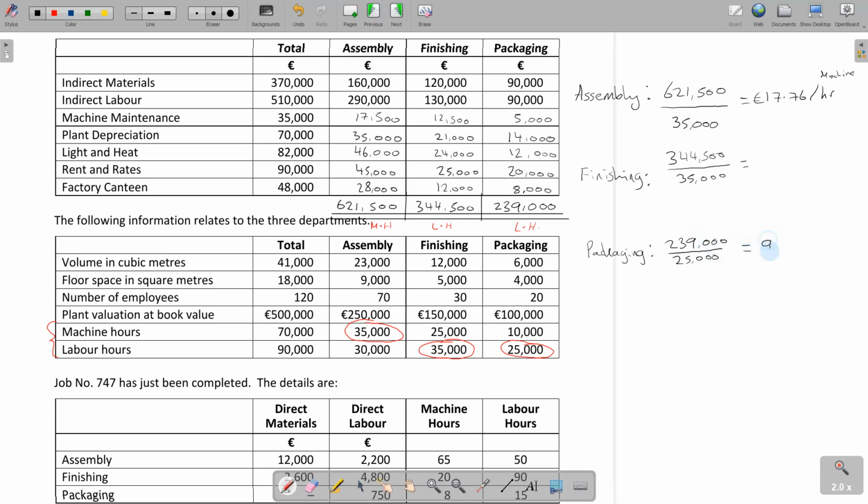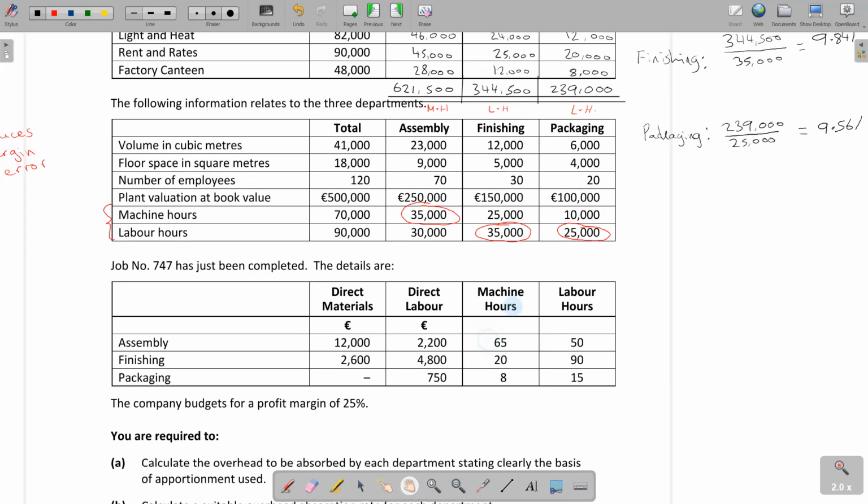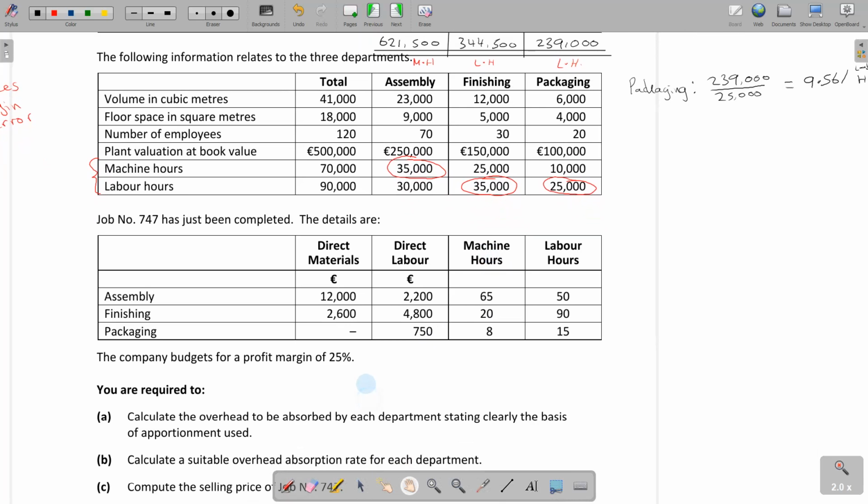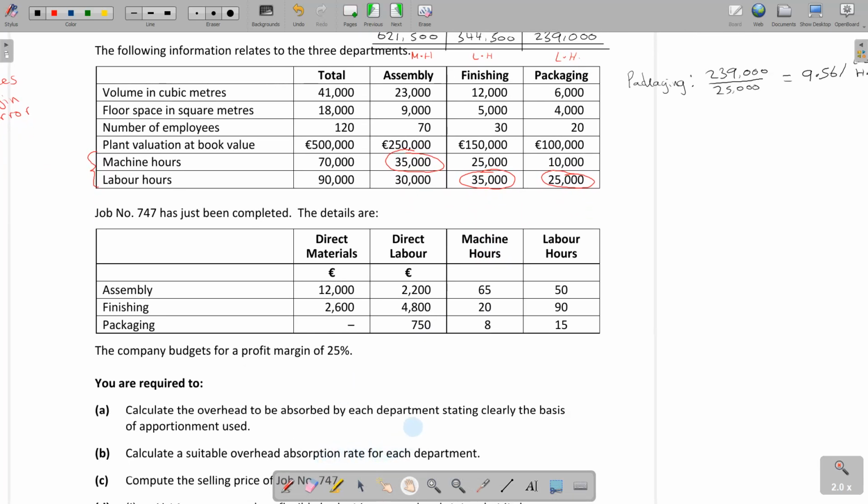So this is 956 per labor hour. And this is 984 again, labor hour. So that is all we need to do for part B. Calculate the suitable overhead absorption rate for each department.